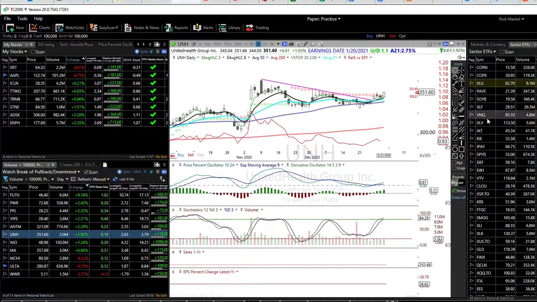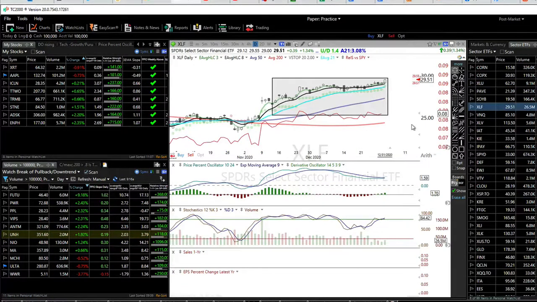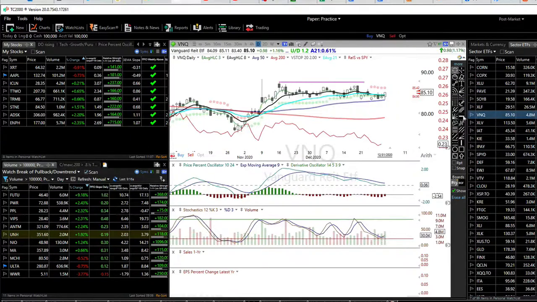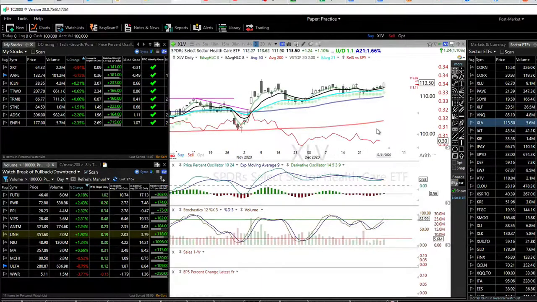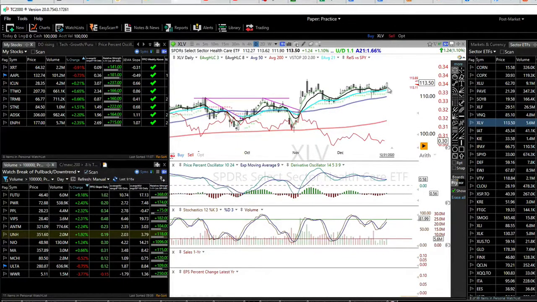But I've been starting to see the financials. So XLF has been creeping up at the top in terms of the closing gain. Real estate doesn't look great, but I'm just noticing, and because I mentioned UNH, XLV is starting to pop up.